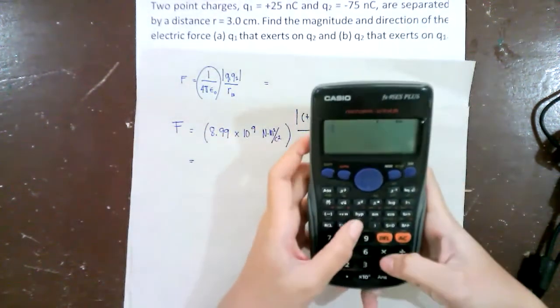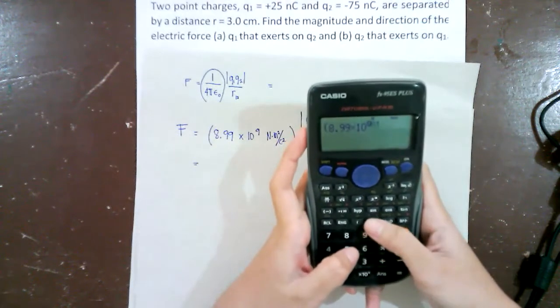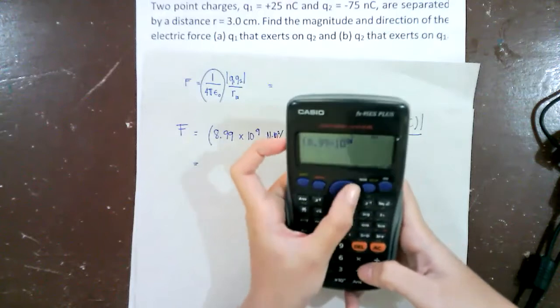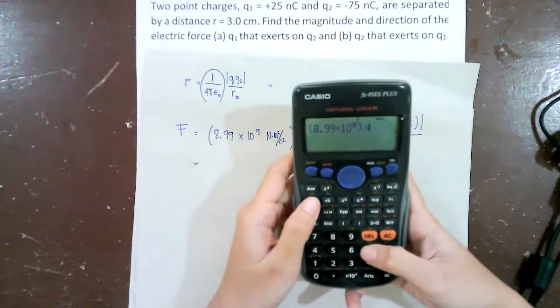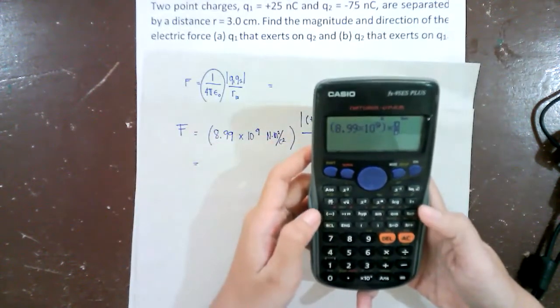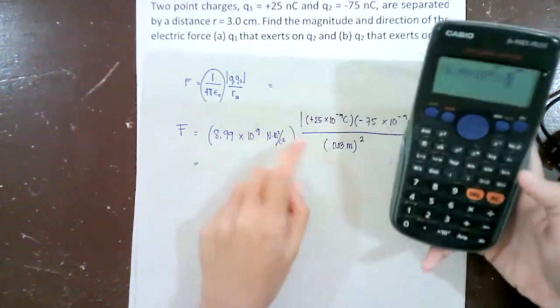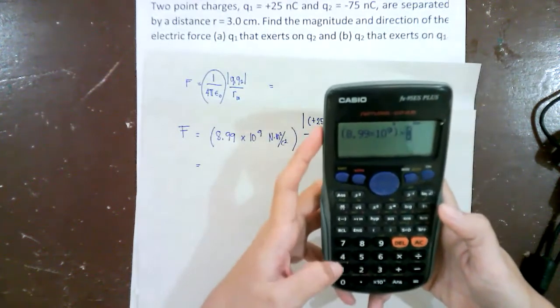So you can write it this way, 8.99 times 10 raised to 9. Okay, and then times fraction form. You have here the absolute value, so you can just neglect your positive and the negative sign.